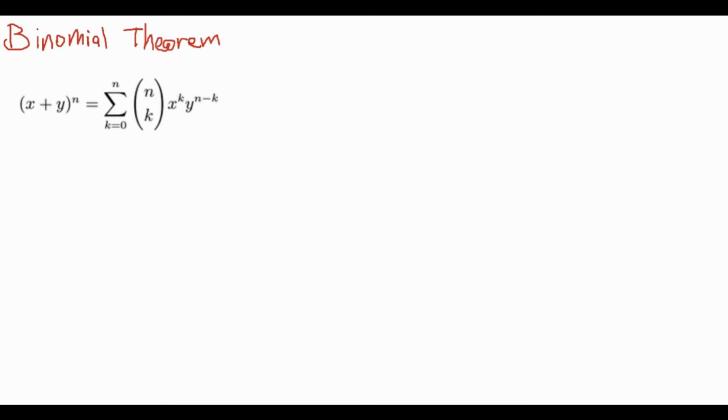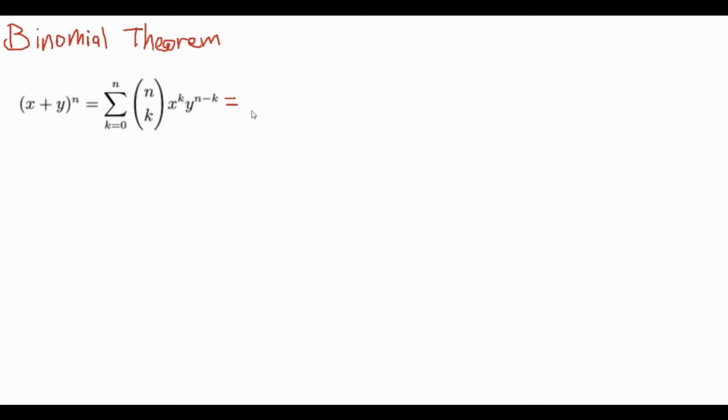Now this theorem states that (x + y)^n is equal to the sum from k equals 0 to n of n choose k times x^k times y^(n-k). Now that seems to be a mouthful, but let's take this apart and see what it really states.